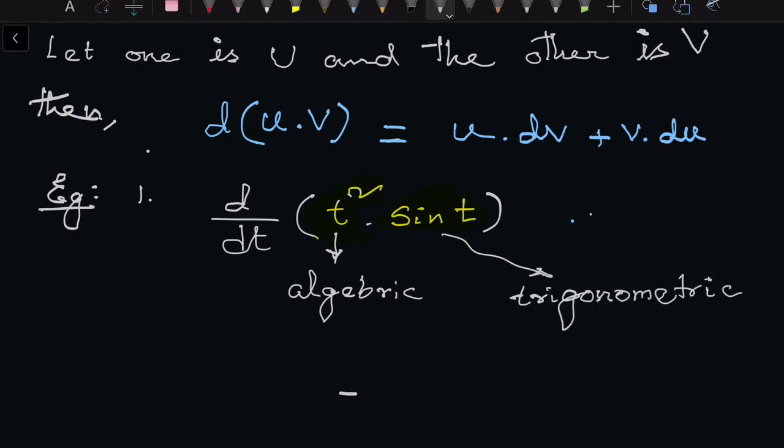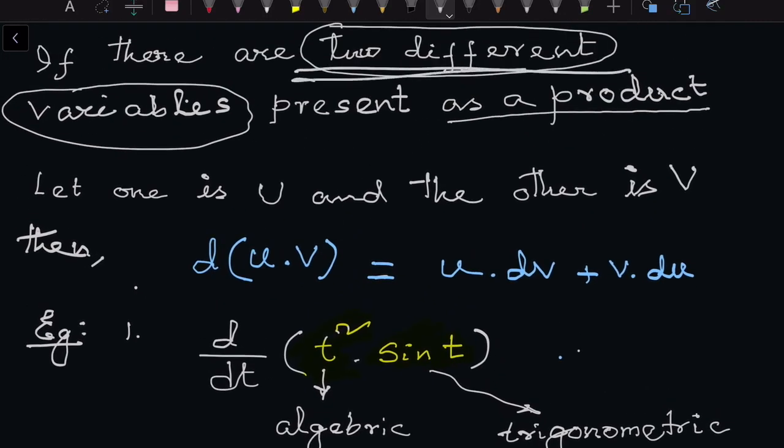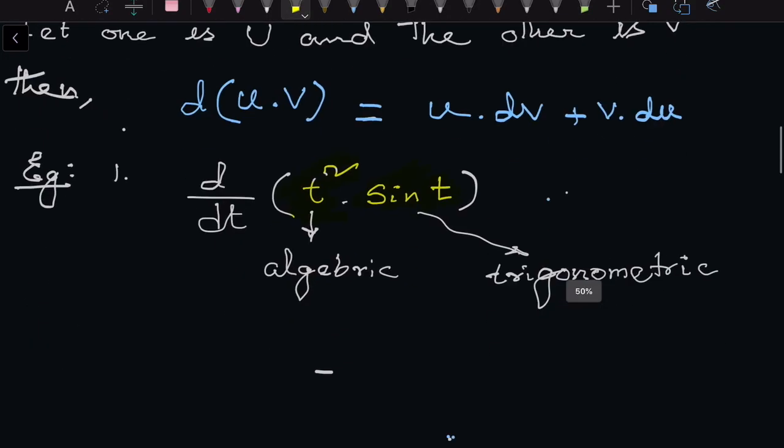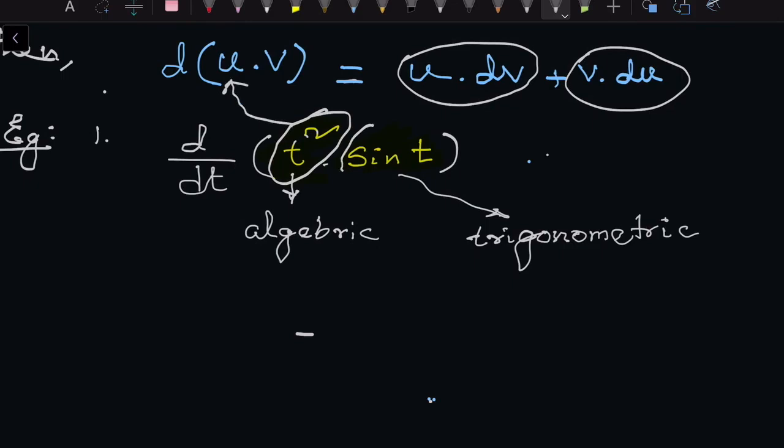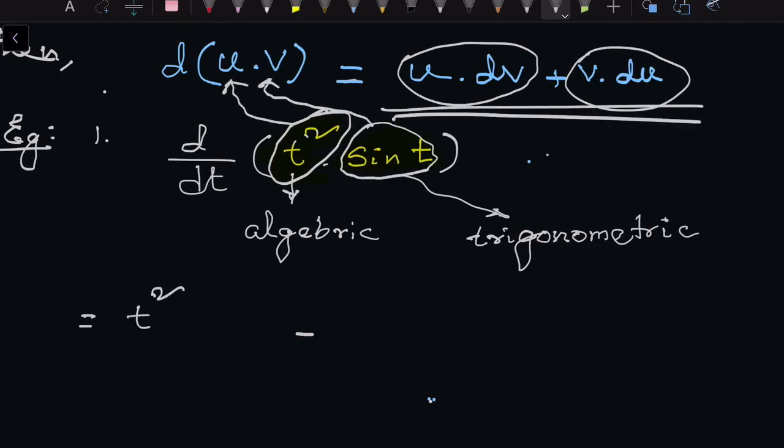These two are different quantities, so we cannot combine them. So what to do? We will use u dv and v du. That means we will keep u and v as these two quantities and then try to apply this.